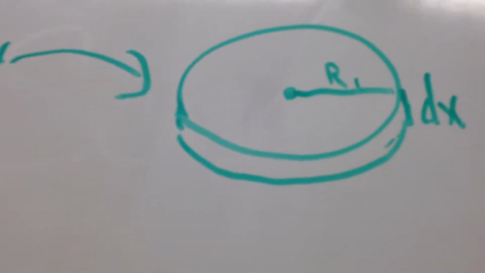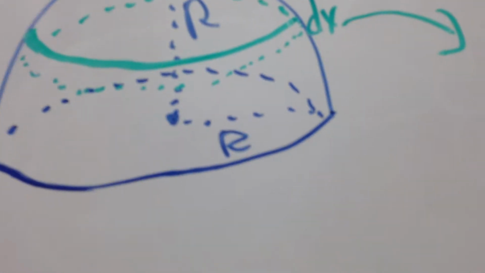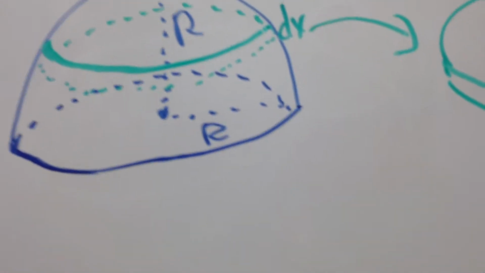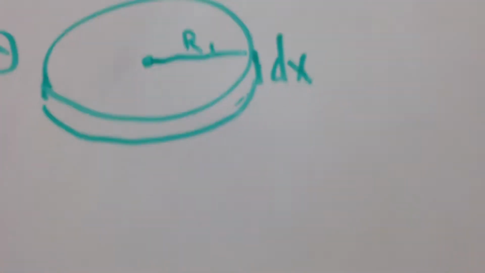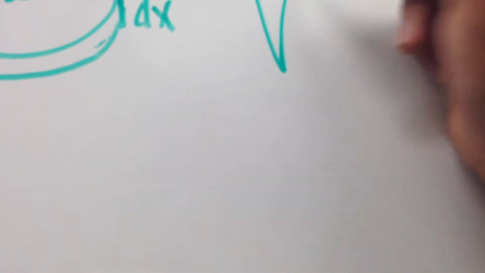Now we try to find the volume of the disk, because this semisphere has an infinite number of these disks, which we combine together to get the volume of the semisphere. The volume formula for a cylinder is the area times the height, and the area is pi r squared.